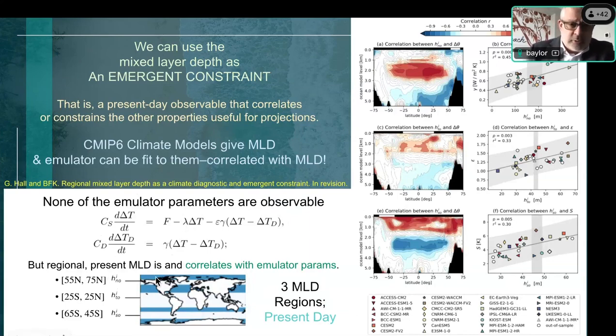We found that it was really important to distinguish the mixed layer in 3 different regions, which should remind you of the non-Odessican model. The Northern Ocean, the tropical ocean, and the Southern Ocean really have different controls or different correlations with the different parameters of this model. And over here, we're just showing that in a little bit more detail.